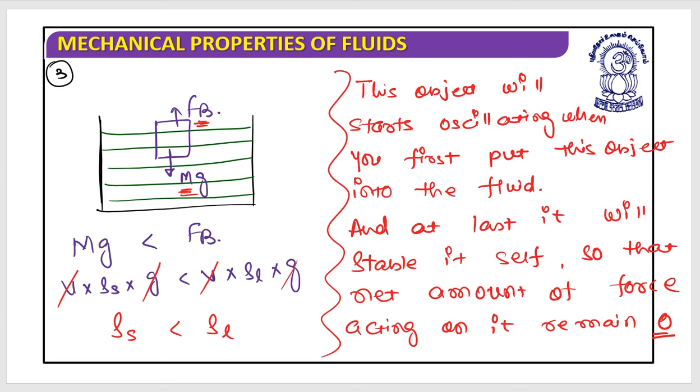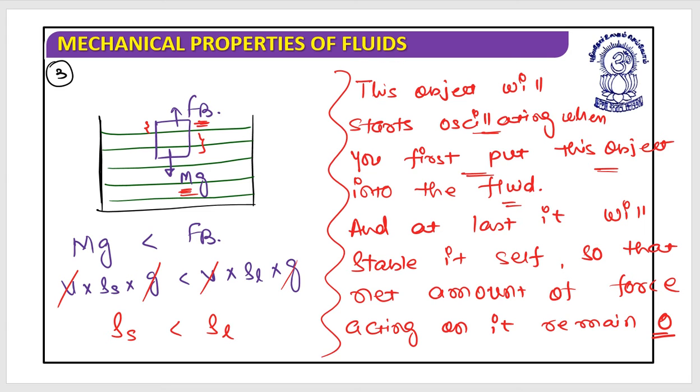So it starts oscillating when you first put it into the fluid, but after a certain fraction of seconds it will stabilize itself such that a certain section is over the air and a certain section is within the liquid. We cannot say that only this much amount will be above the liquid and this much below for every case, because each case is different.